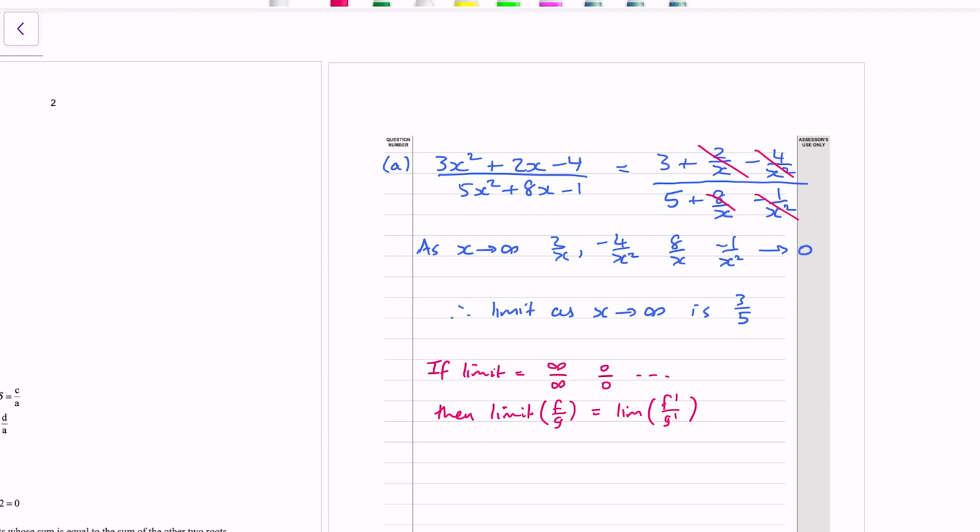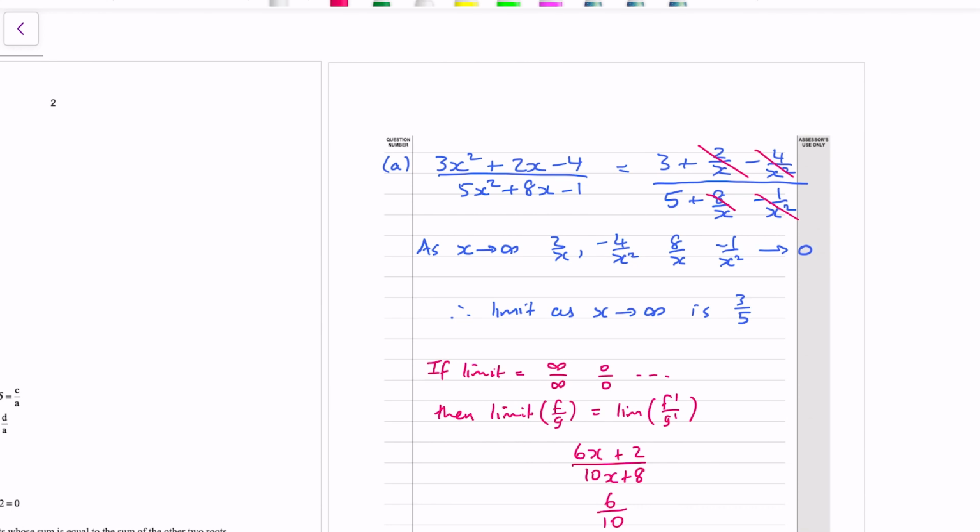So I could differentiate the top and bottom and get 6x plus 2 over 10x plus 8. And this works if the original limit is indeterminate. If I sub an infinity into here, I'm still going to get infinity over infinity. So I do the process again, diff the top, diff the bottom, and voila, there is 6 over 10, which is 3/5.